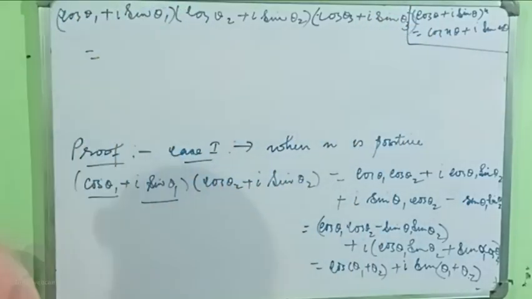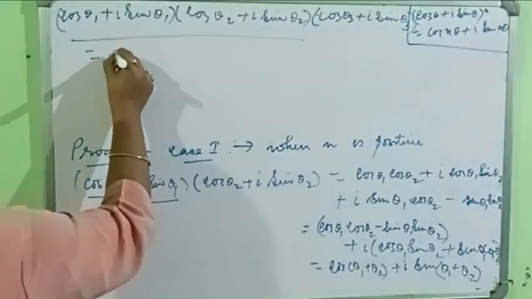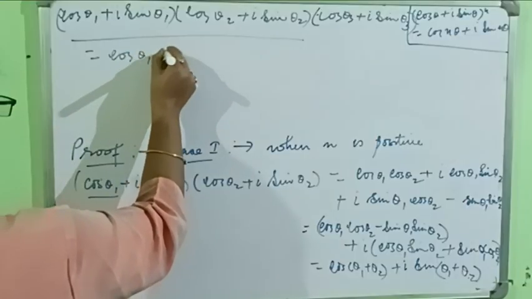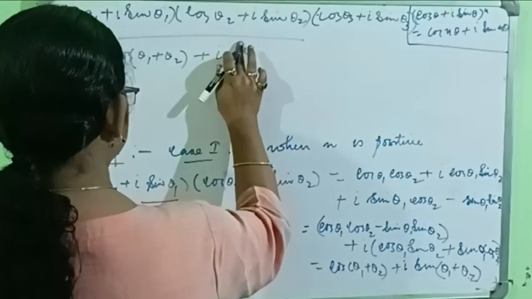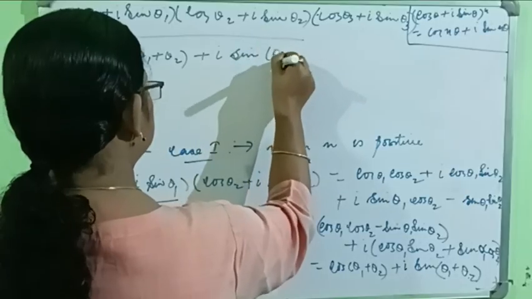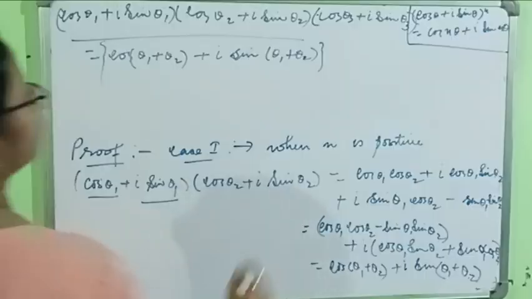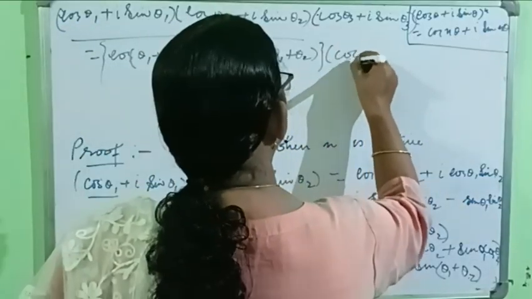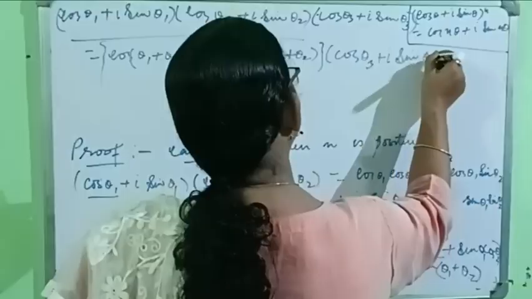Now check out this product. The value of this product is by this one. So cos of theta 1 plus theta 2 plus i sin of theta 1 plus theta 2, times cos theta 3 plus i sin theta 3.